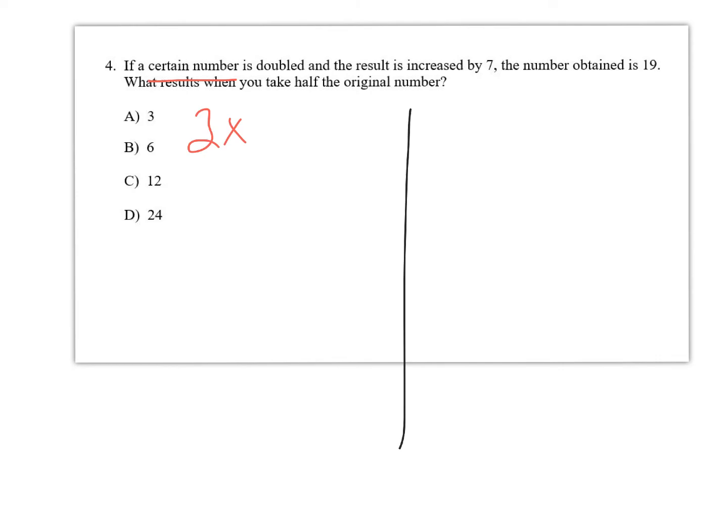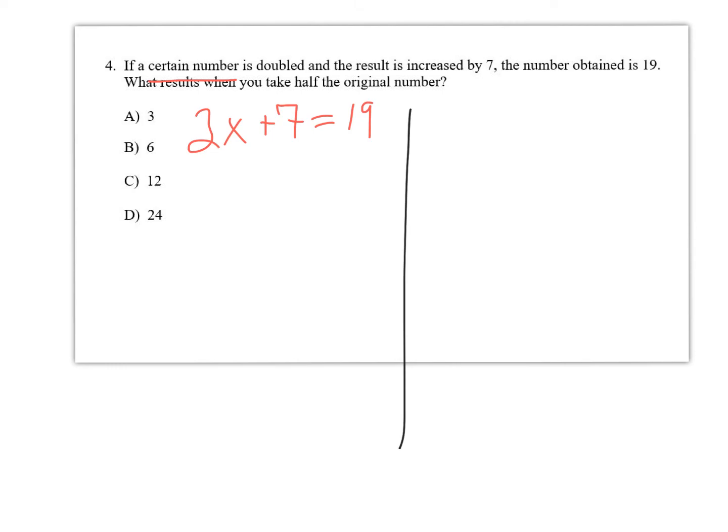If a certain number is doubled, so 2x, and that result is increased by 7, increased by is adding, we're going to increase that by 7. The number obtained, so that's a fancy way of saying equals, and 19 is 19. That's wonderful. We have the equation.